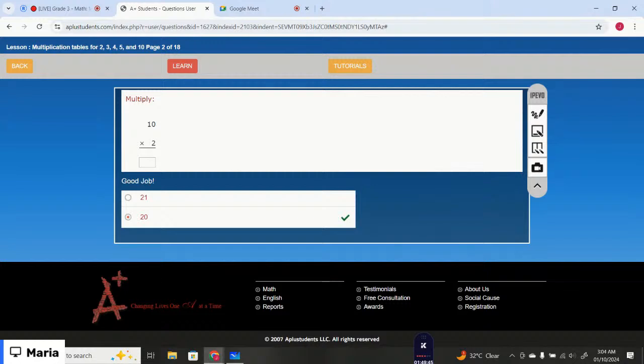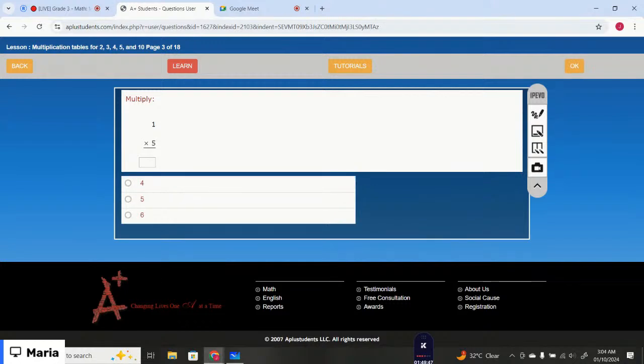That is the alternate if you are still not done with the multiplication table, right? The next one is 1 times 5.